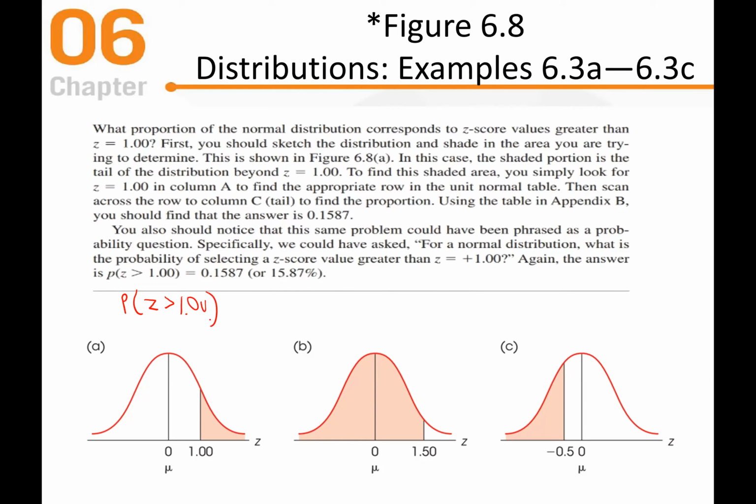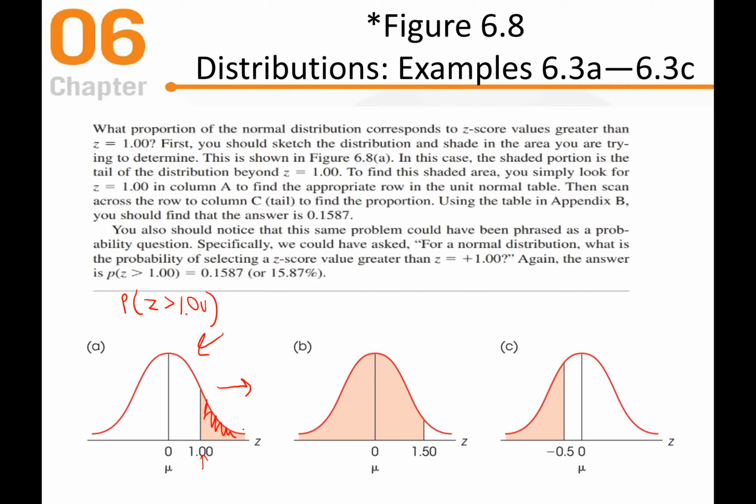First you would sketch the distribution. So we've sketched it right here. You want to shade in the area you're trying to find. A z-score of 1 is right here, and we're trying to find all of the proportion of z-scores that are greater than 1. So we are interested in this part right here.